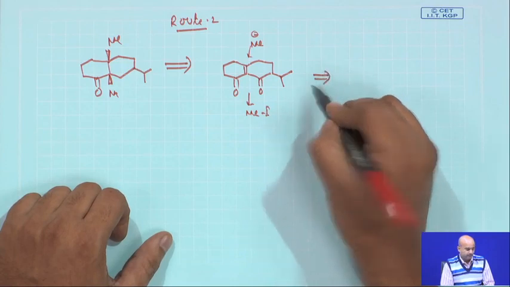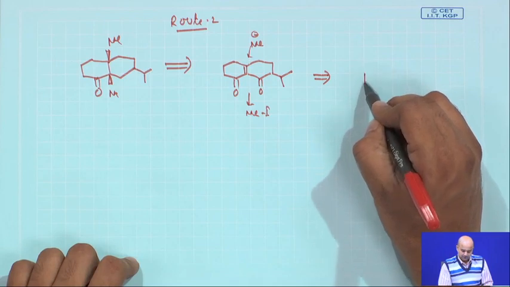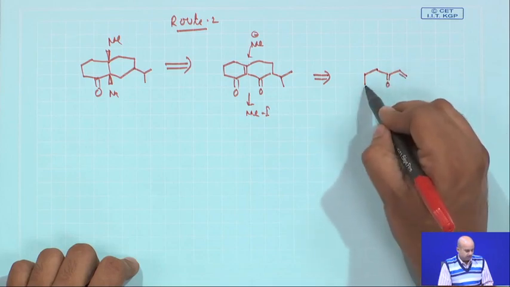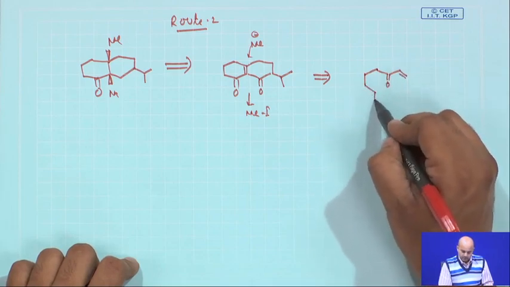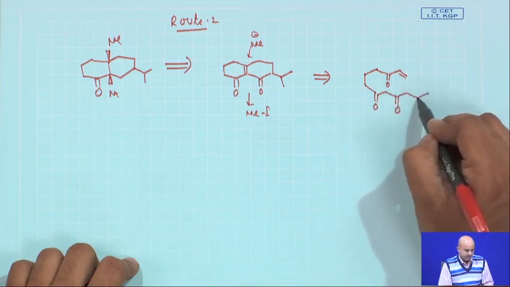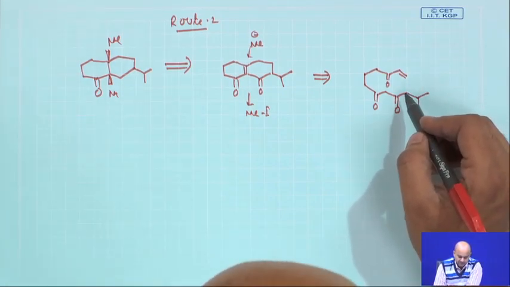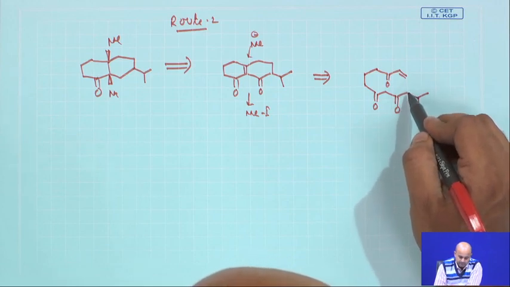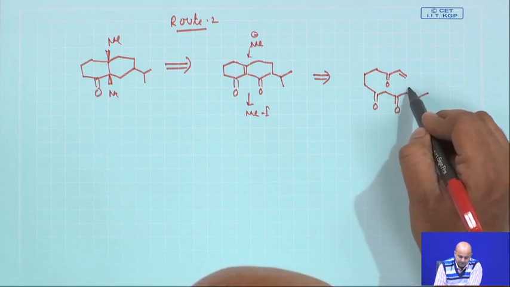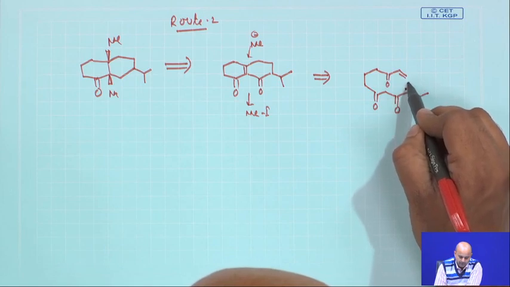Now, for this compound, the making looks something like this way. I said okay, we will try to give you a retro something like this. Now, what does this retro basically say? This retro says if you can have an initial carbanion generation here, that can give you this carbon-carbon bond through a Michael addition.